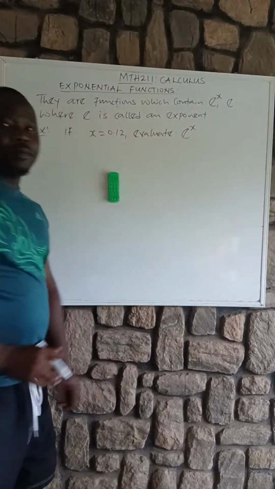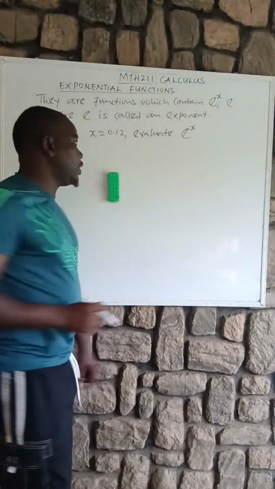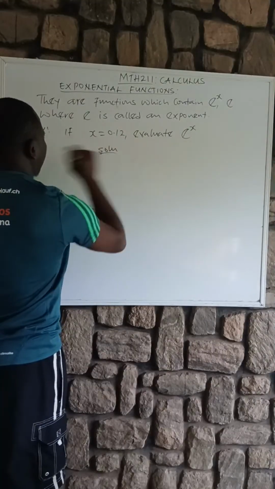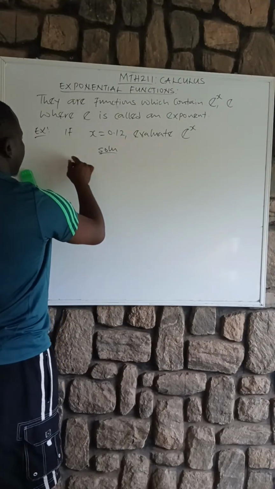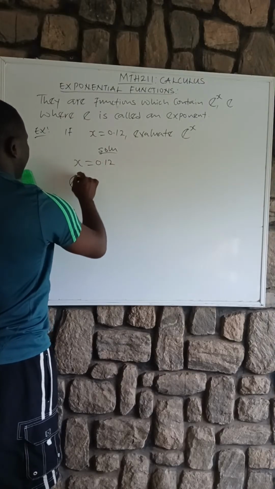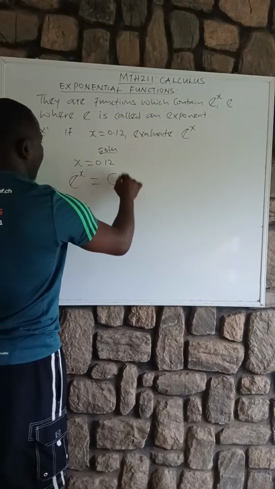It's simple as ABC. Please, your calculator should be available. So what you need to do here is, since x is equal to 0.12, our exponential x will now be equal to exponential 0.12.